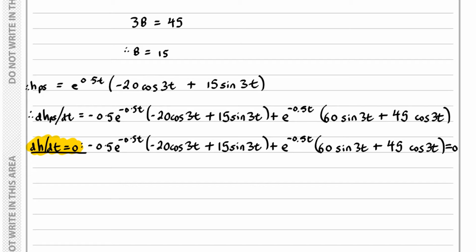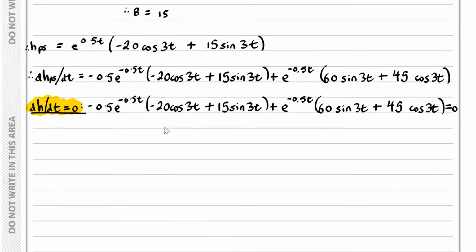Well, first thing we can do is multiply this minus 0.5 into the bracket. So we have e to the minus 0.5t, minus 0.5 times by minus 20, that's 10. So we have 10 cos 3t, and then here minus 0.5 times by 15, that's minus 7.5.